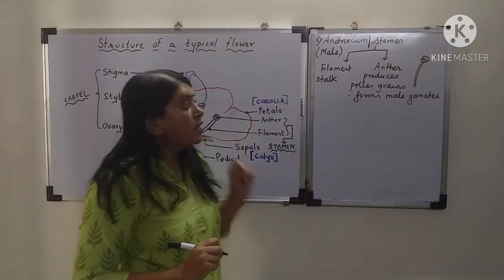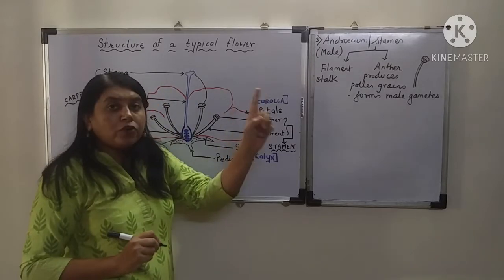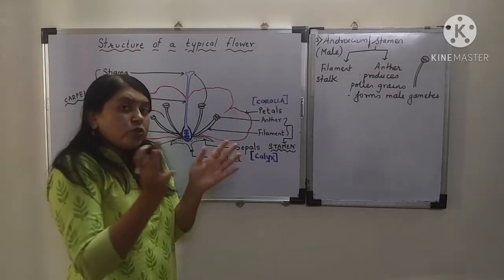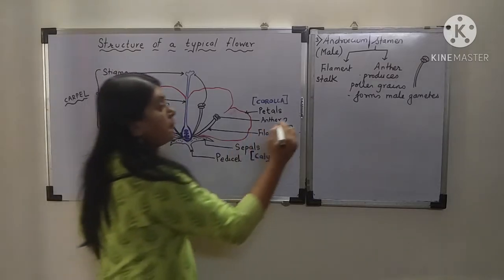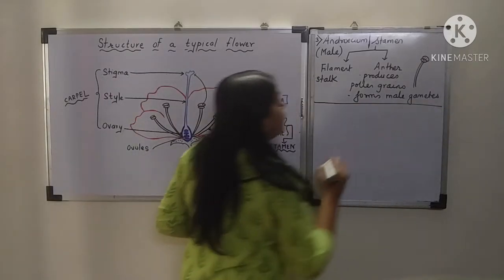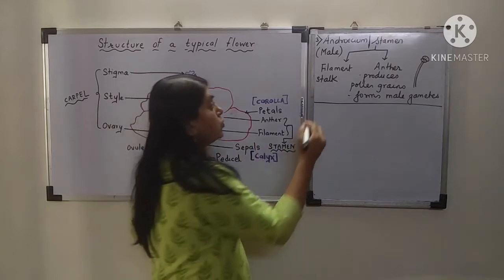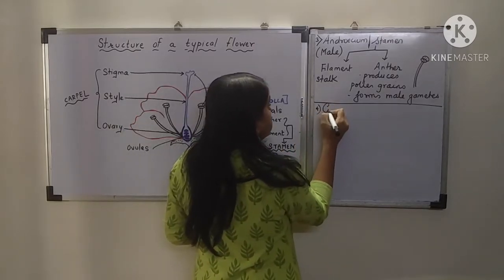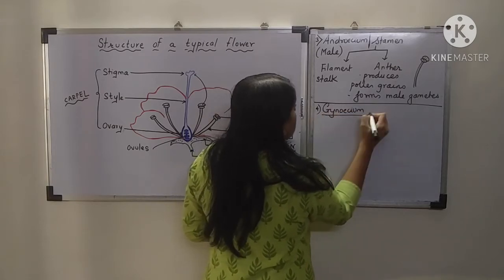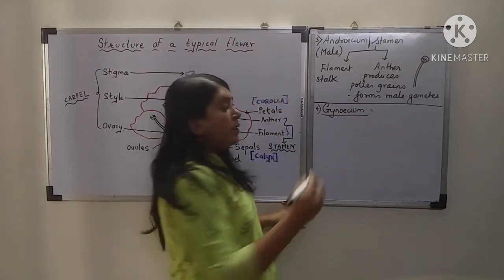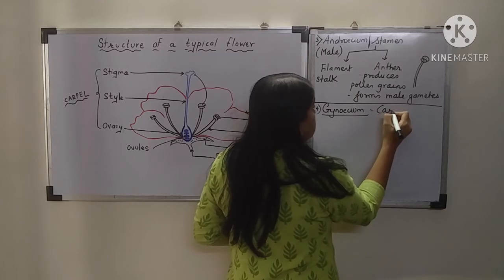Male gametes. Alright, so this was about androecium or stamen. Coming to the innermost whorl of the flower, the individual member is the carpel and the whole is called gynoecium.